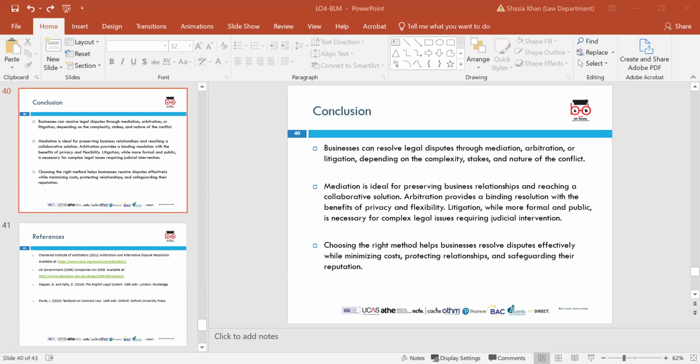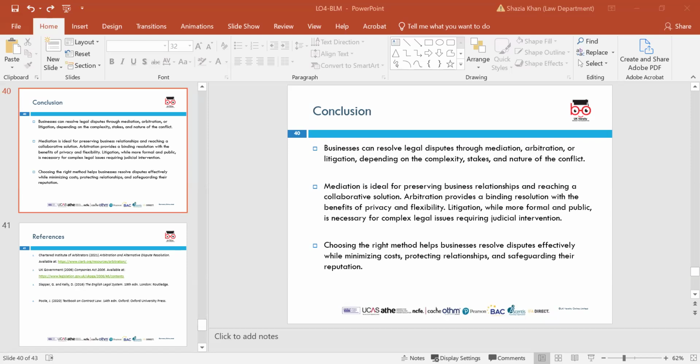We looked at mediation, arbitration and litigation. We looked at the law, why laws are so important, why it's important to comply with them, and why laws have a big impact on businesses: company law, environmental law, consumer law.